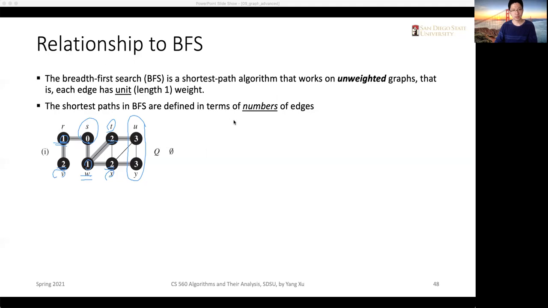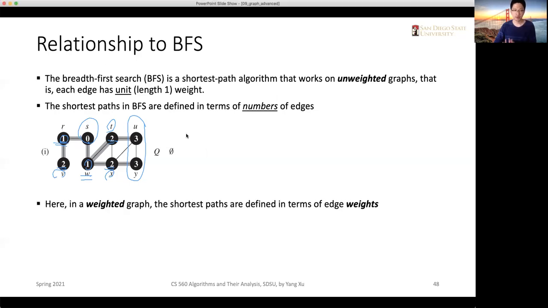So BFS also sort of computes the shortest path for each vertex, but the difference is that the distance here is not defined in terms of the weights, but in terms of the number of edges connecting the two connected vertices.